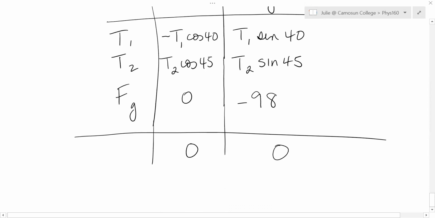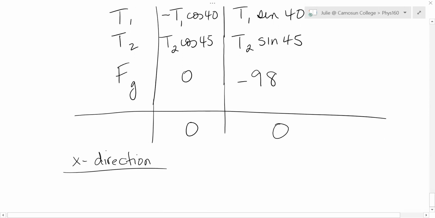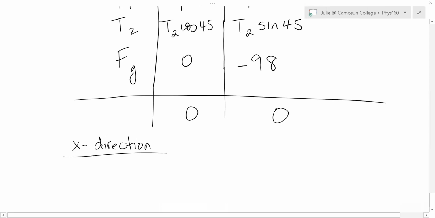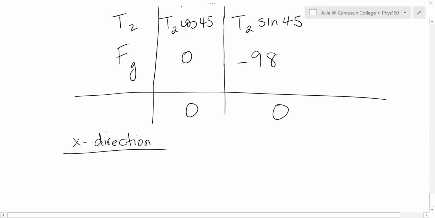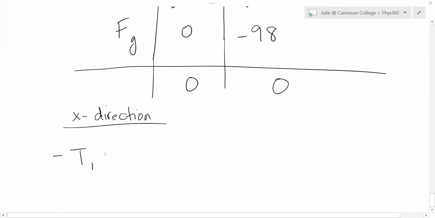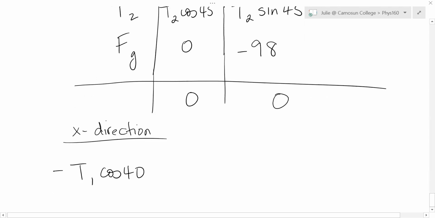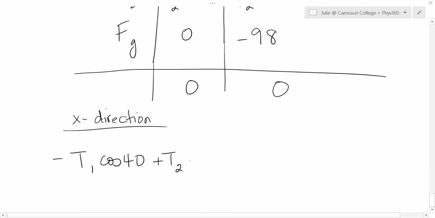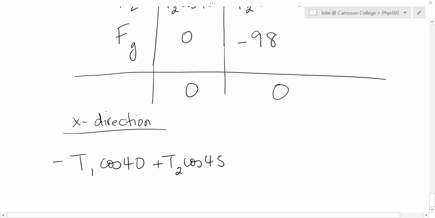Okay, so we now have 2 equations. They're actually simultaneous equations. They both have 2 unknowns. So it's not quite as easy to solve them, but it's doable. Okay, so we have negative T1 cos 40 plus T2 cos 45. Remember, cos 40 and cos 45, they're just numbers.